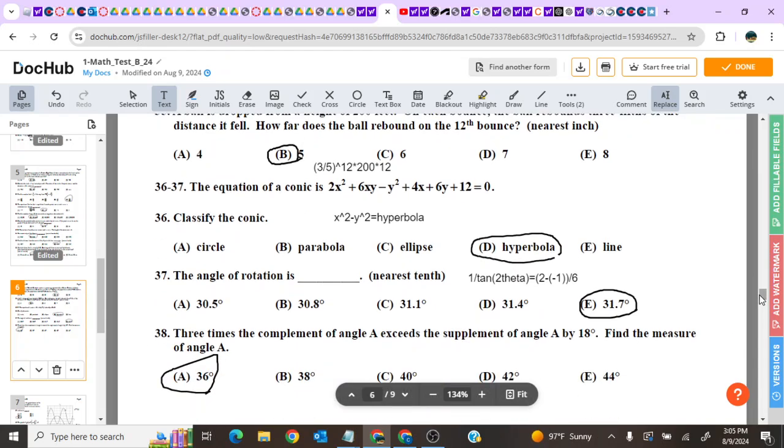The equation of this conic is 2x squared plus 6xy minus y squared plus 4x plus 6y plus 12 equals 0. First off, what is the conic? Whenever you're given x squared and y squared, it's always either an ellipse, a hyperbola, or two lines. It may be able to be a singular line, but I don't think it can. I'm not sure about that. But basically, when one is subtracted, it's a hyperbola.